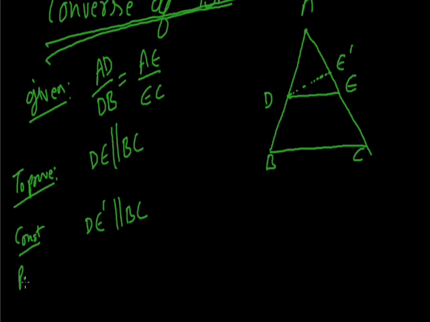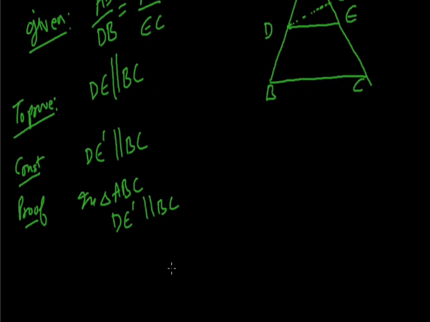Now in the proof, in triangle ABC, it is given that DE dash is parallel to BC. As DE dash is parallel to BC, we apply BPT.